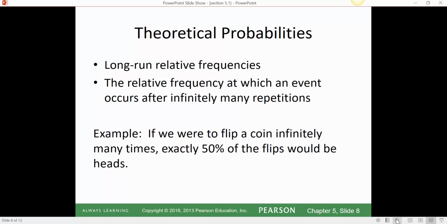That's how we come up with this theoretical probability. They're long run relative frequencies. And remember, we talk about relative frequencies with histograms. To get a relative frequency for heads, for example, you would take the number of heads that you got and divide it by the total number of flips.